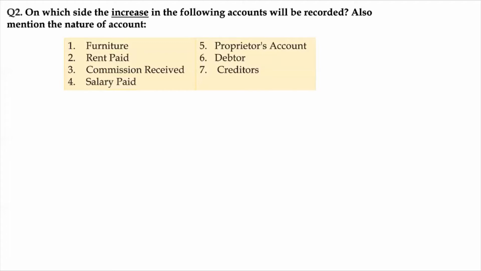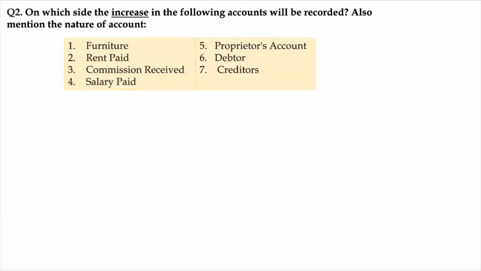Also you have to tell on which side you will write it down when they are increased. Like if furniture is increasing in your business, then on which side will it be recorded? It will be recorded on debit or credit.